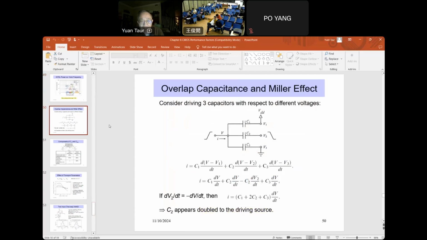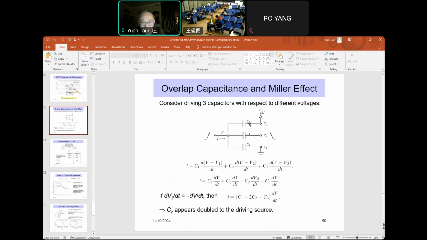Next we say something about the so-called Miller effect, which is explained here. Let's say we have a switching transistor on the left that goes from low to high, and the current tries to charge up three capacitors, C1, C2, C3.